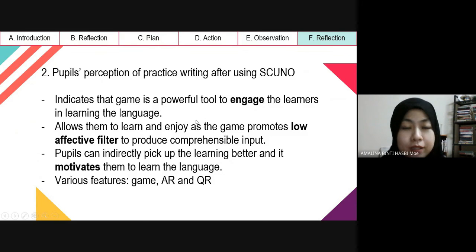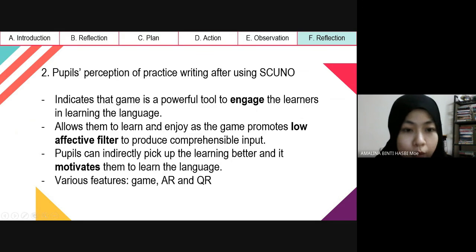Okay, next finding is pupils' perception of practice writing after using Scuno. So Scuno indicates that game is a powerful tool to engage the learners in learning the language. Scuno allows them to learn and enjoy as the game promotes low affective filter to produce comprehensible input. So pupils can indirectly pick up the learning better and it motivates them to learn the language.